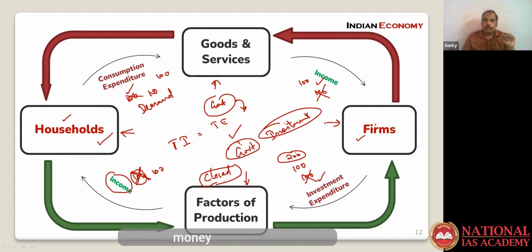Sometimes we give money to the firms to generate more investment expenditure. Sometimes the government itself will create demand by purchasing goods and services, right? Or government will provide some raw material, so factors of production. So anywhere the government can provide, but accordingly the impact will be there. That we will see later. Okay, this we call closed because the government alone provides money.